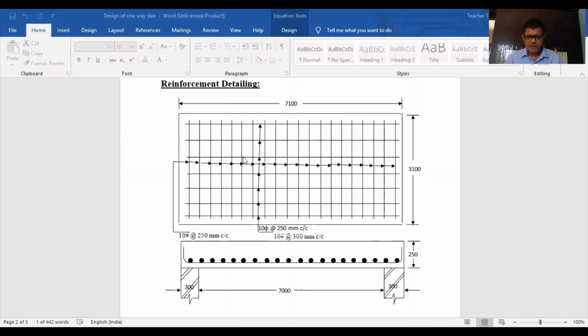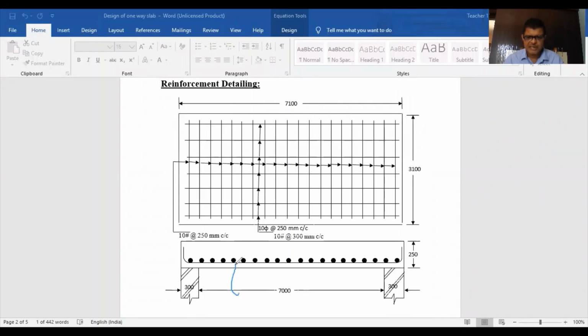Now if you plot a cross section here, you will find bars along the length. These are the directions of steels: the Ast provided is 10 phi at 250 center to center, and this is your main bar.